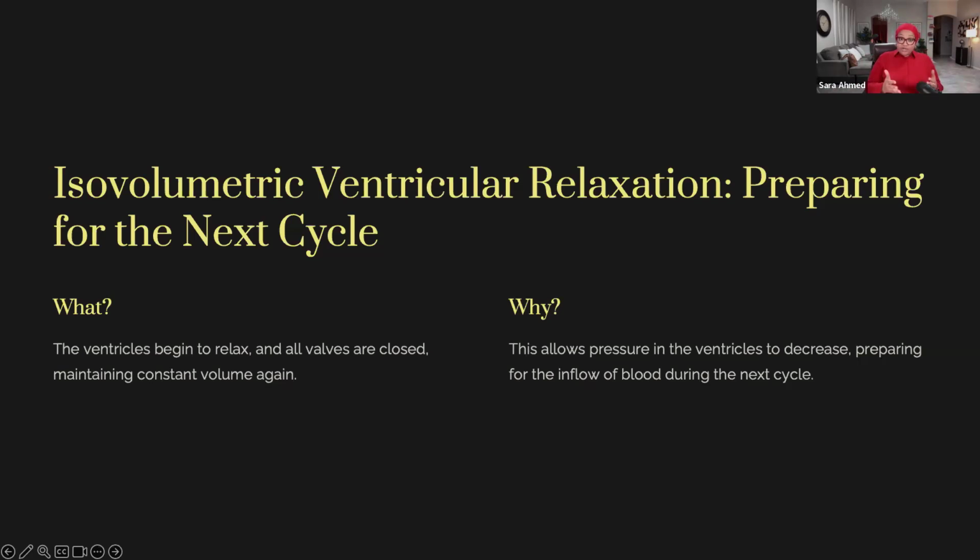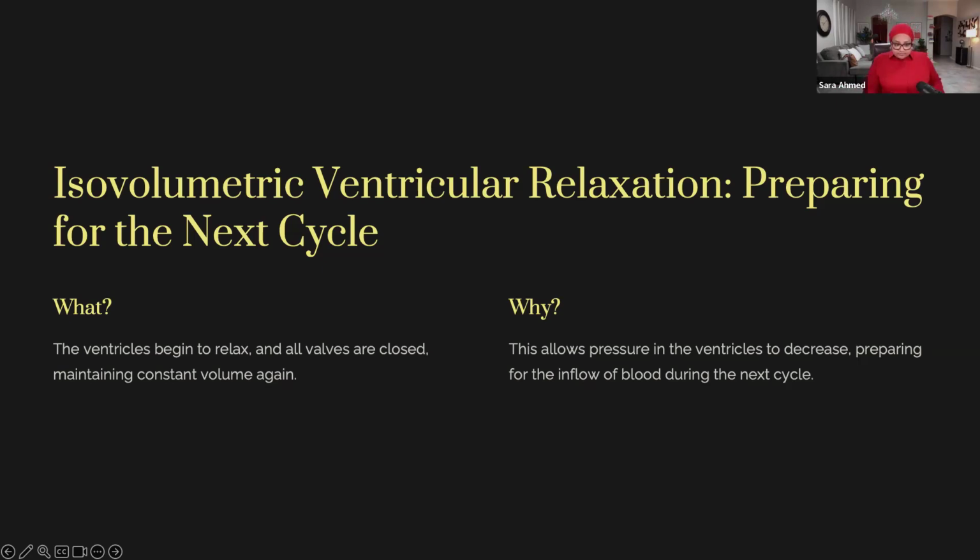There is volume inside, but the pressure is dropping because the heart muscle is relaxing. The builder of the pressure is the heart muscle contraction. The ventricles relax and all valves are closed again. Volume remains constant. There is no flow of blood.